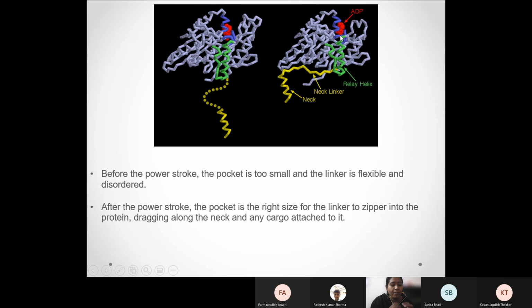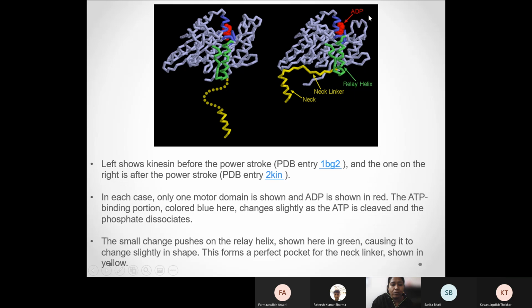But binding of ATP opens up that groove so that the neck linker region can bury itself inside it. So binding of ATP causes a change in this groove region, opens up the groove a little. This opening of the groove allows the neck and the neck linker region to bury itself inside it.